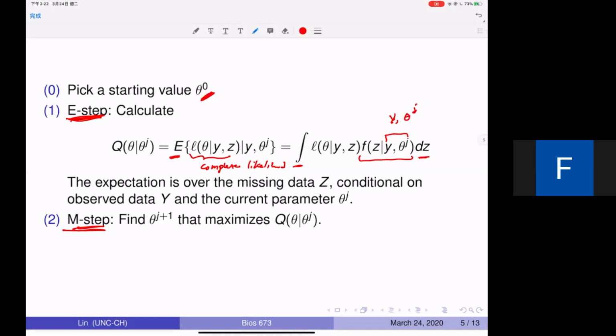That's what the expectation is. Then find theta j plus 1 to maximize the Q function. Again, if this step is still hard to maximize, then it's not worth doing the EM algorithm. We do the EM algorithm because the original PDF is so hard to maximize. If the Q function is still hard to maximize, then it's not worth doing EM.